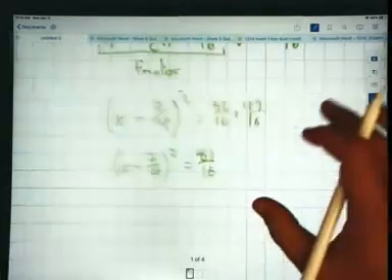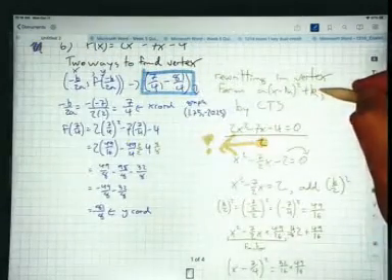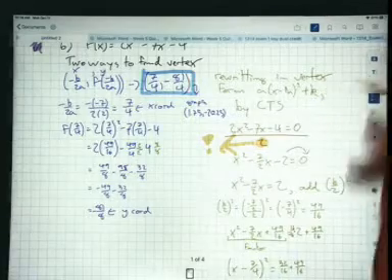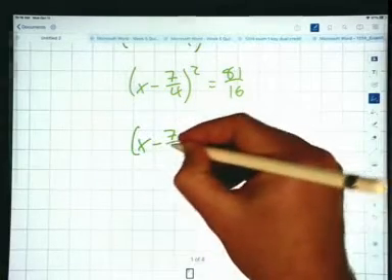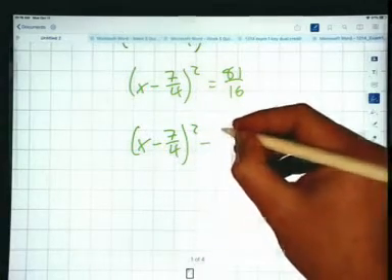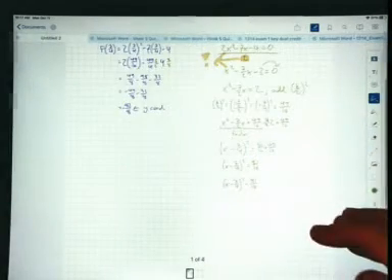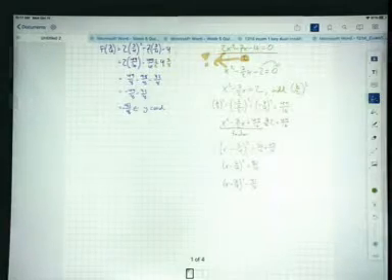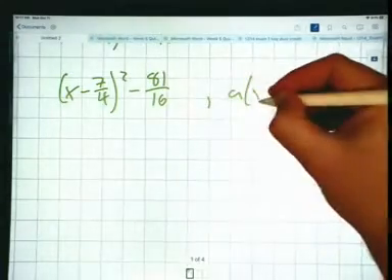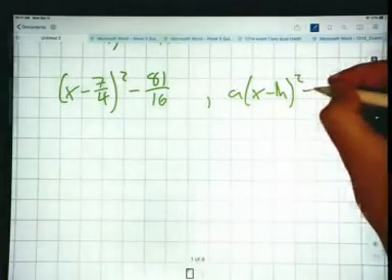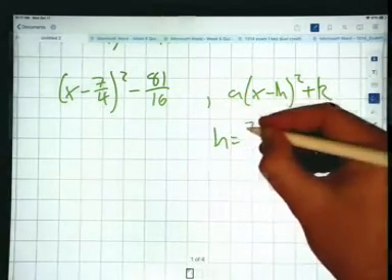Now, to get it into the vertex form that I have written right up here, we want everything on one side of the equation. So I need to come down here and put a minus 81 over 16. And this is where I got mixed up in the last class. Because you'll notice if we compare this to the vertex form, a times x minus h quantity squared plus k, h is the 7 fourths.